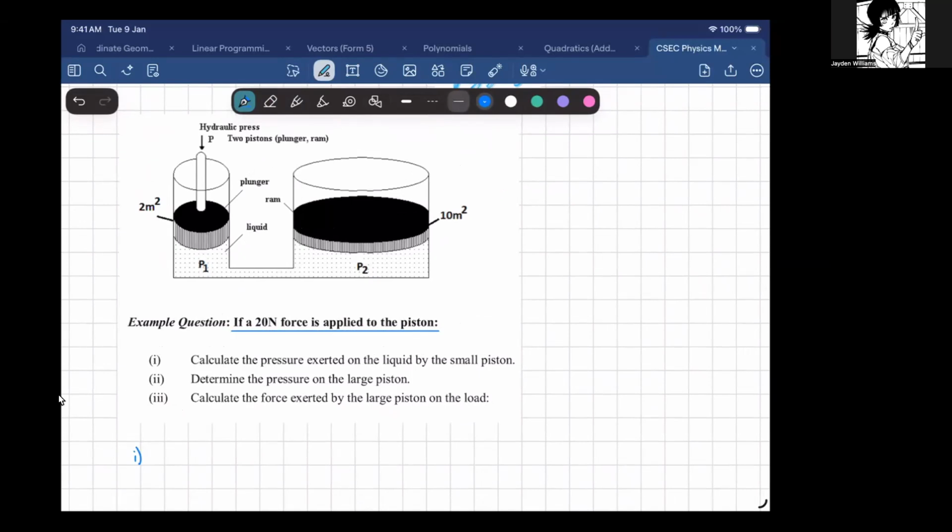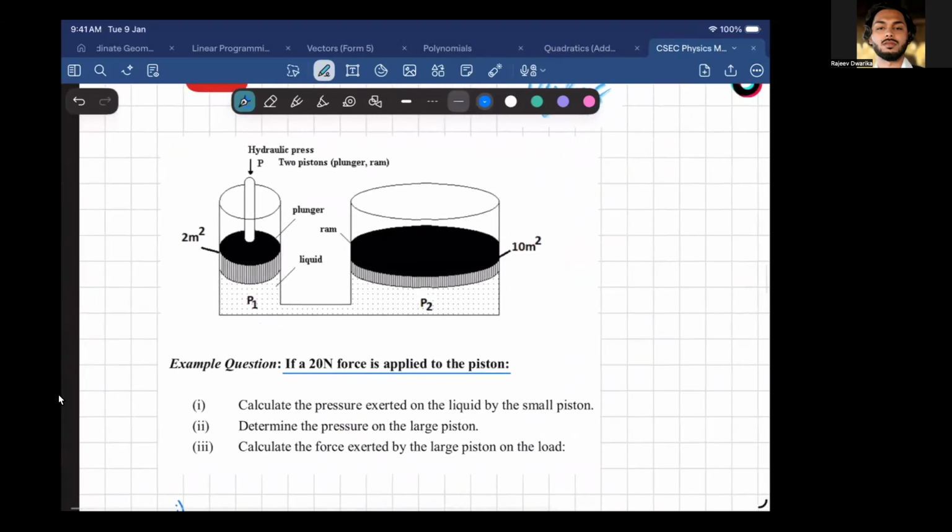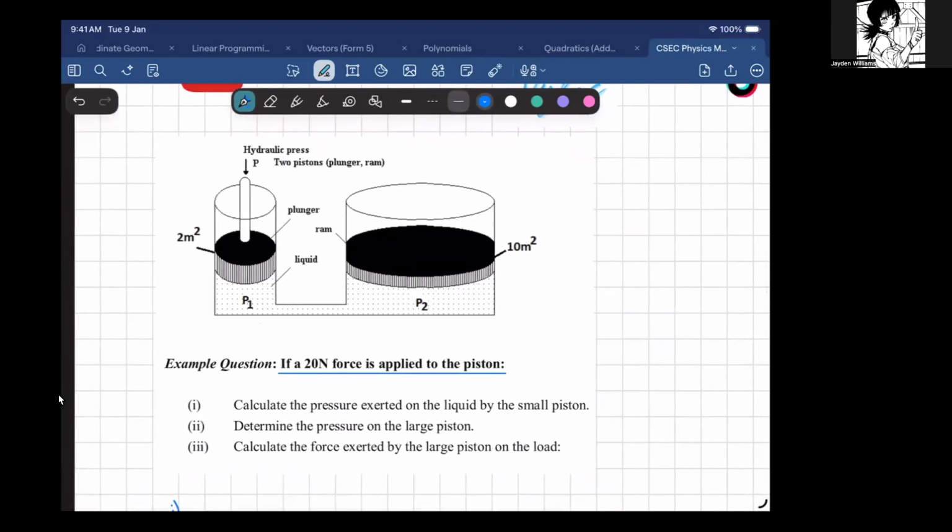They gave us the force. A 20 Newton force is applied to the piston, and they give the distance of the first piston and the second piston.